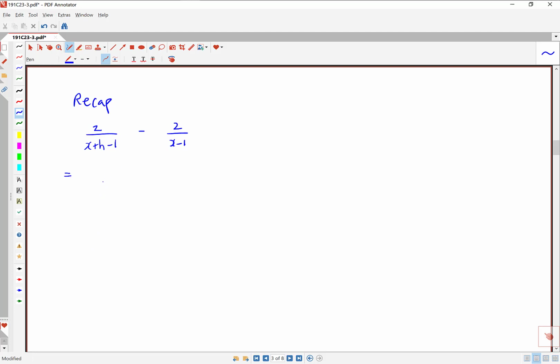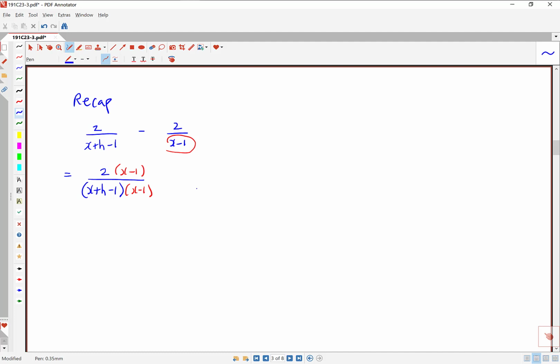So we're going to multiply the first term top and bottom by the missing factor, which is the x minus 1. So multiply top and bottom. Bottom here we'd have x plus h minus 1 times that missing factor, which is x minus 1.